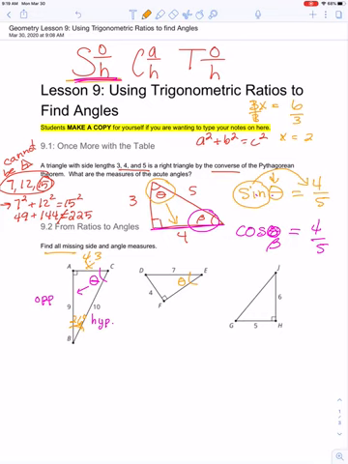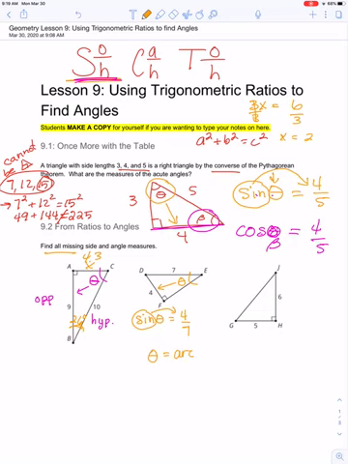Alright, so I'm going to look at theta here, which means I have opposite over hypotenuse again. So sine theta is going to be opposite over hypotenuse. Again, I need to move this to the other side, inverse operation. So I leave theta where it is.